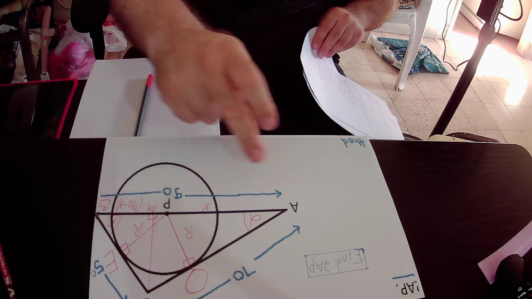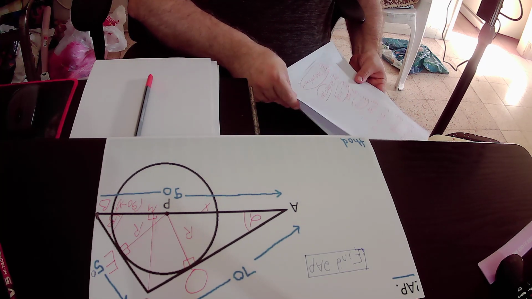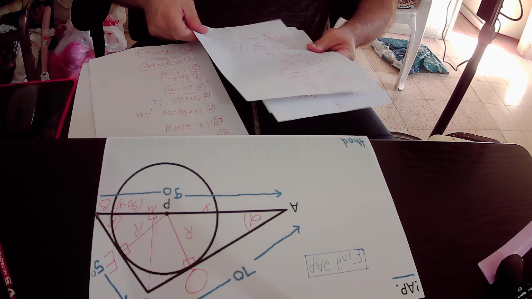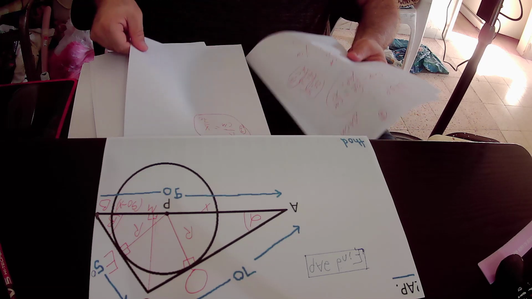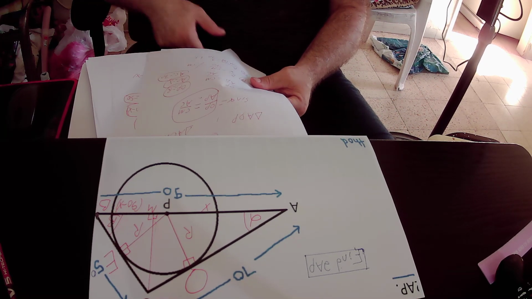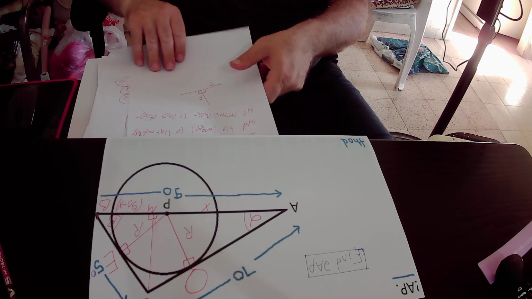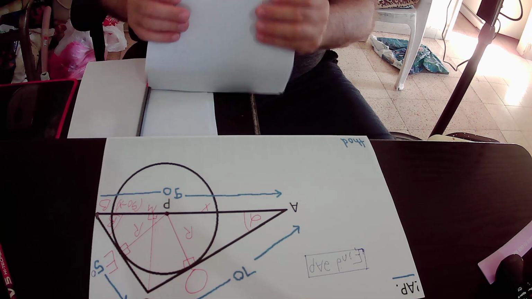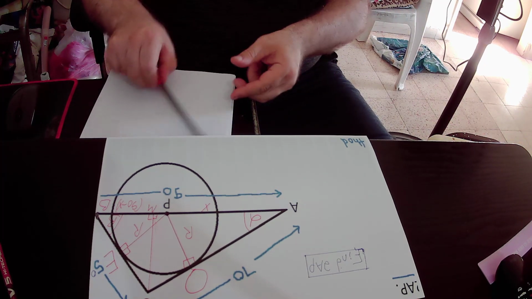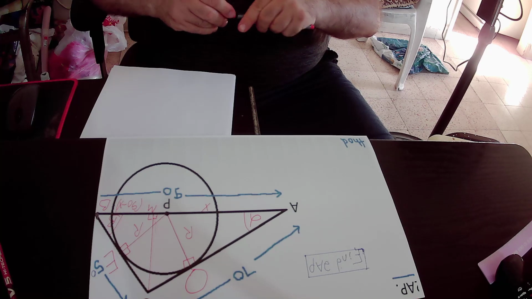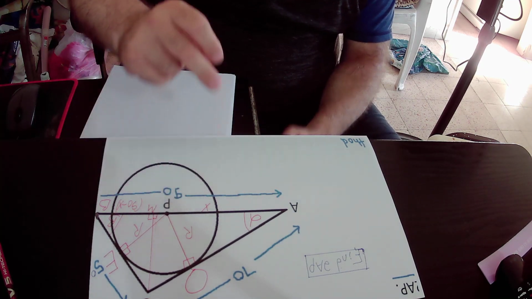Actually we wanted to find the value of 2 times AP, and we have in the picture triangle ABC.